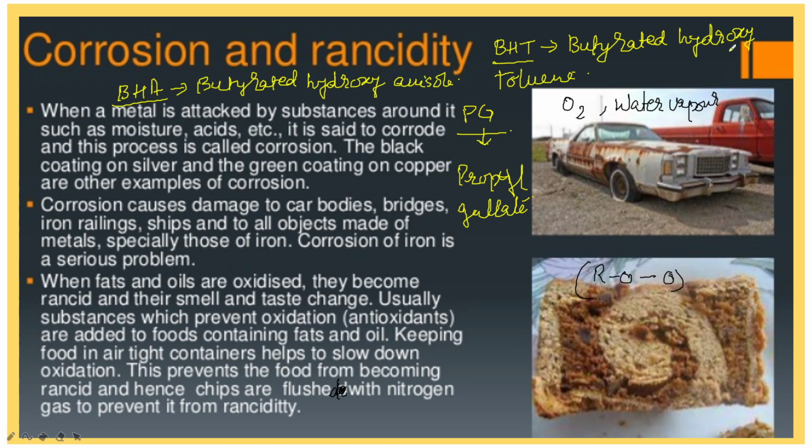BHT means butylated hydroxytoluene, BHA means butylated hydroxyanisole, and the third one is propyl gallate. These can be added to our foods. Flushing food packets and containers with nitrogen gas before sealing, and packaging foods in a nitrogen atmosphere, also prevents the oxidation of food.